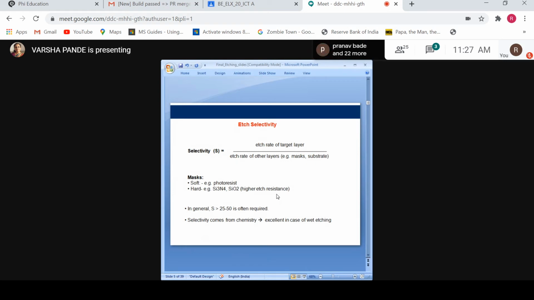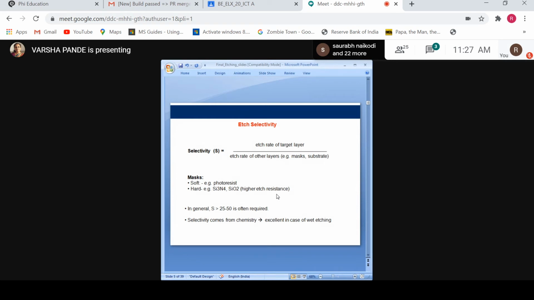Then what will happen? In hydrofluoric acid, silicon dioxide will etch or dissolve fast, whereas the photoresist and the silicon substrate will not etch fast. Due to this, we will get only selective material removal. That is nothing but selectivity.